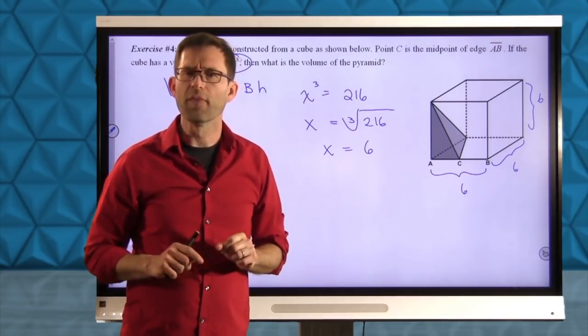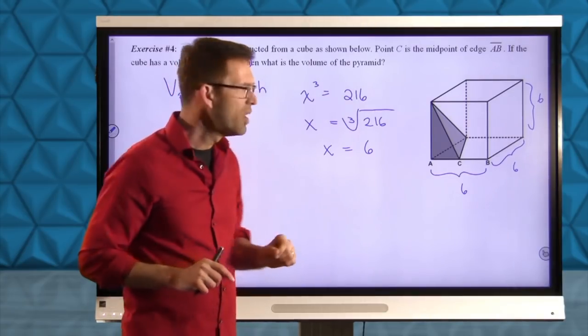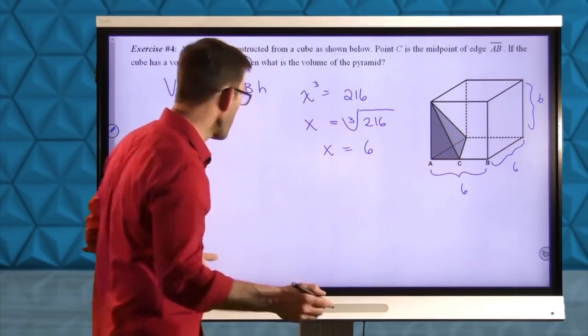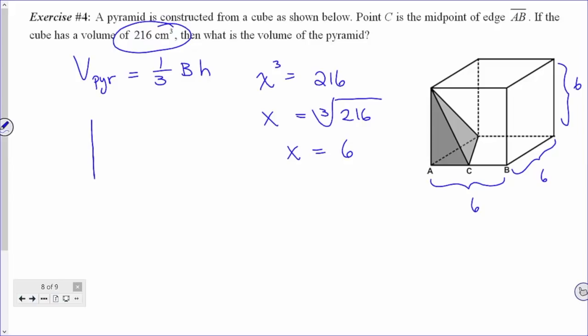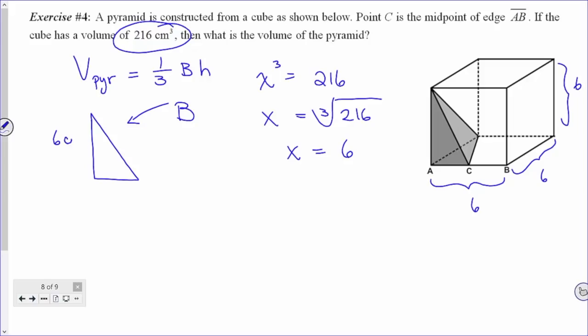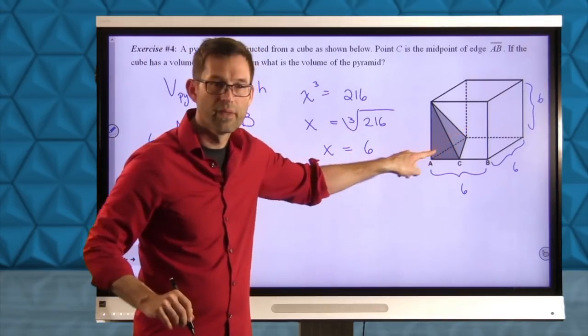We now have to find the base area of our pyramid. So let's think about what that base shape is. Well, it's a triangle. Actually, let me draw the triangle. So this is my B, if you will, my base. And what do I know about it? Well, this has got to be 6 centimeters, because it's this dimension here.